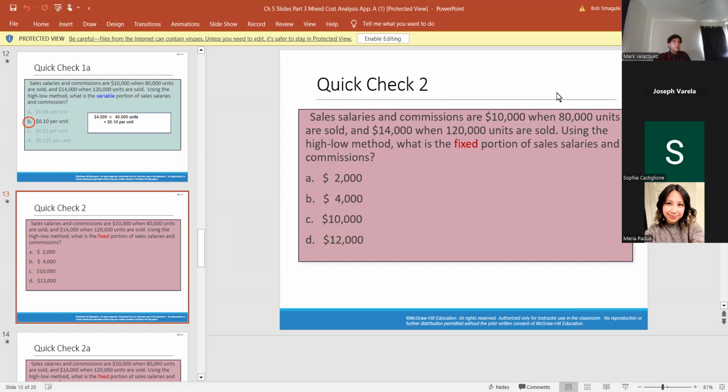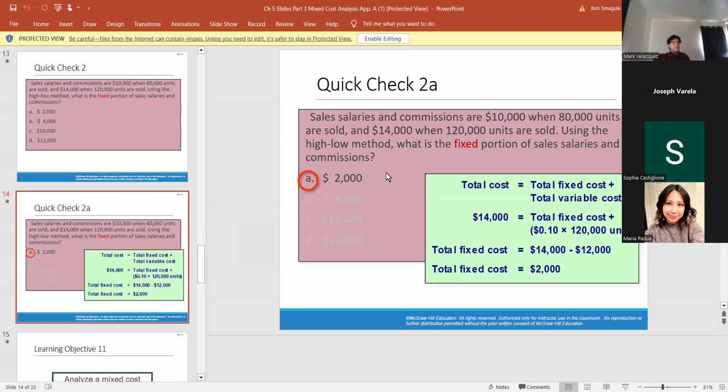So let's pick the high one: 0.10 times 120,000 is 12,000. Again, not that hard when you just do a few. You need to have this in your skull going forward.